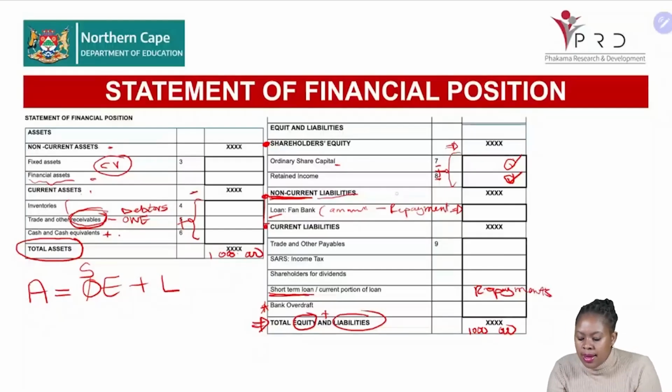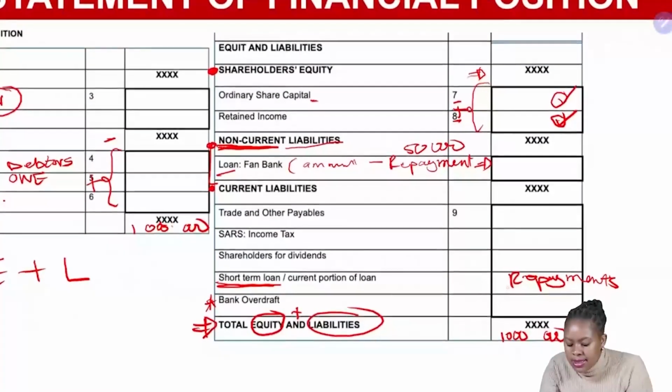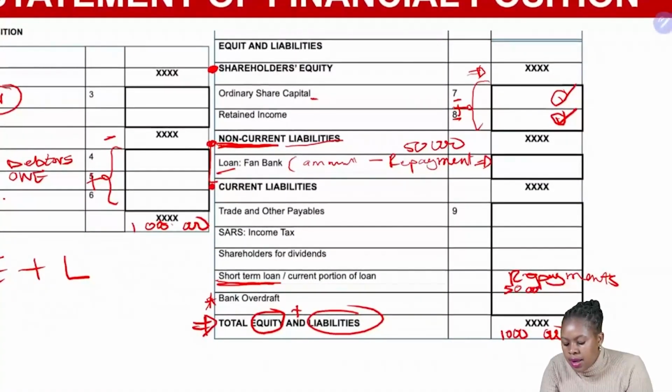So if you have calculated your repayments to be 50,000, and that is what you're subtracting under your loan, you have to write the very same 50,000 under the short-term or current portion of the loan, and that will award you your principal mark. So normally the loan question is plus minus 5 marks if the examiner is actually interested in whether you are able to calculate this amount or not.